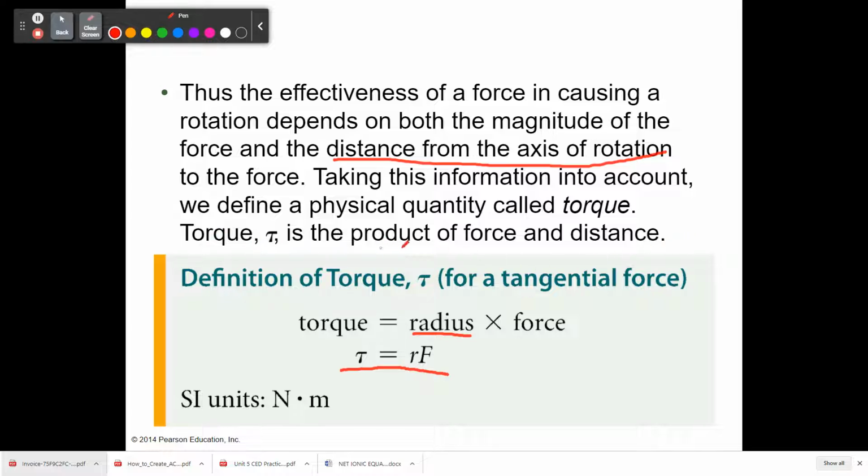Torque is the product of the force that you apply times the radius, the distance from the axis of rotation. It has the same units as work, newtons times meters.